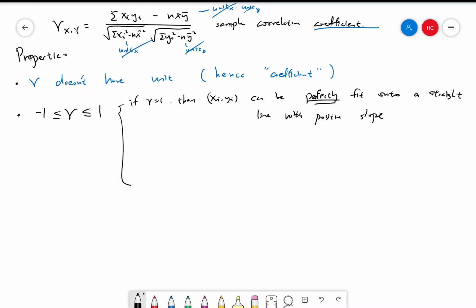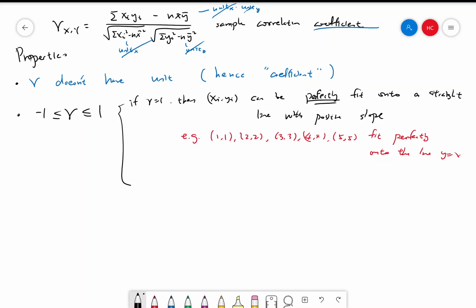For example, we have seen in the previous video, the points (1,1), (2,2), (3,3), (4,4), (5,5) fit perfectly onto the line y equals x, which has positive slope. Therefore, the correlation is equal to 100%, which is 1.